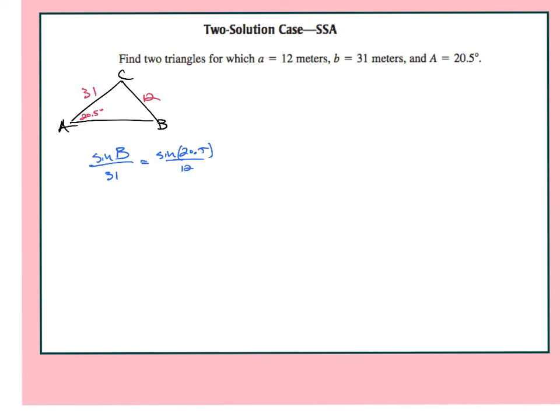And all I have to do is multiply by 31. And then we would arc sine it. All right, go ahead and do that. 64.78. All right, 8 degrees.